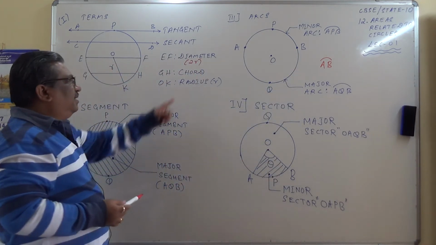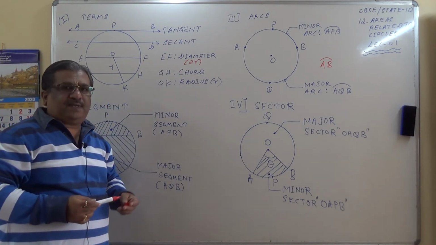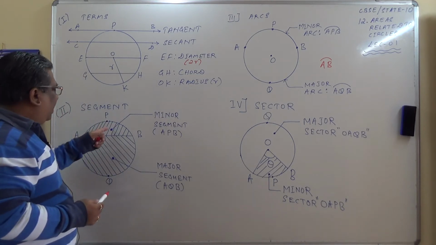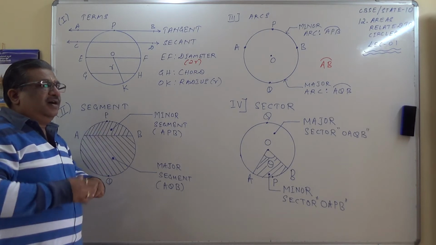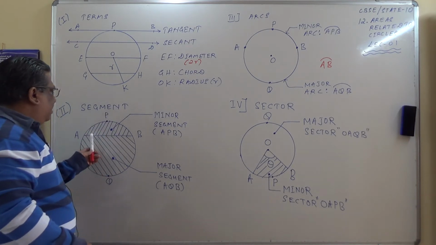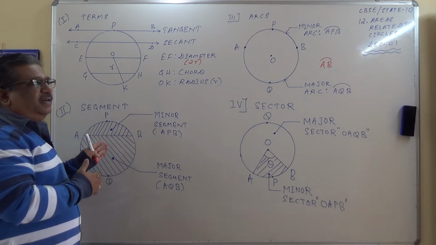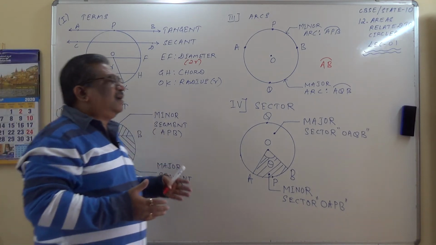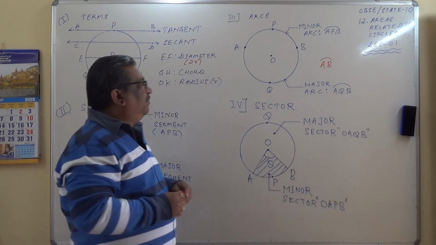Now between this and this, what is the difference here? Arc lengths are the parts of the circumference. Whereas segment is referred to a region bound by a chord and a corresponding arc. Means it is related to the area basically. Segment refers to a particular region, whereas arc refers to only the part of the circumference.